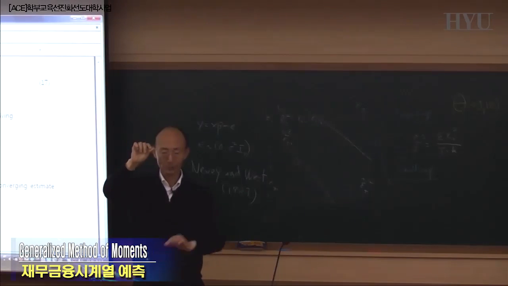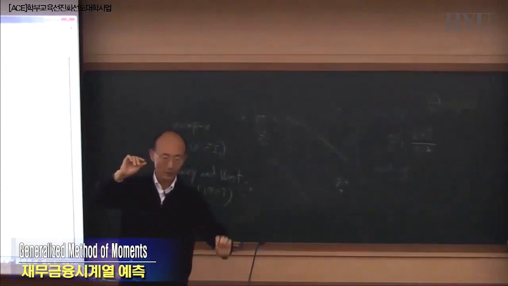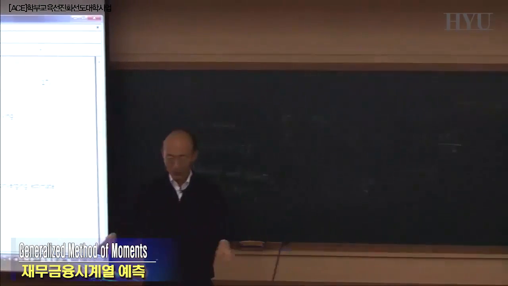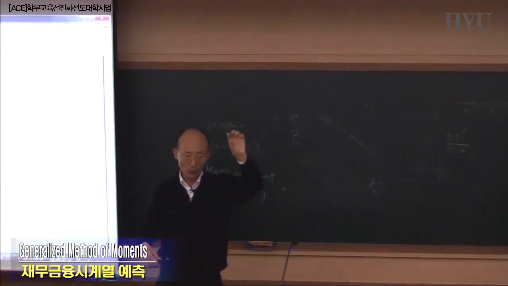Something could be very close to being 0, something may not be that close to 0, right? When you set the weight matrix W as the identity matrix, then you are treating those equally.